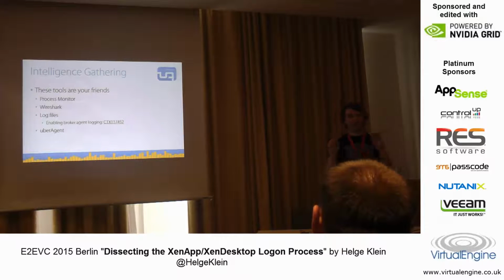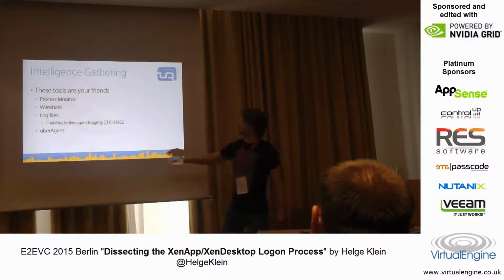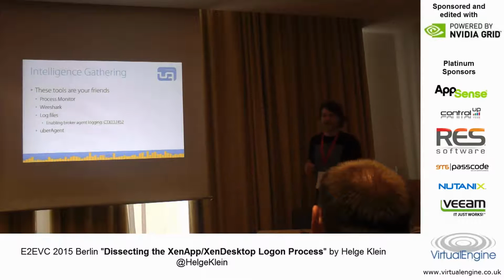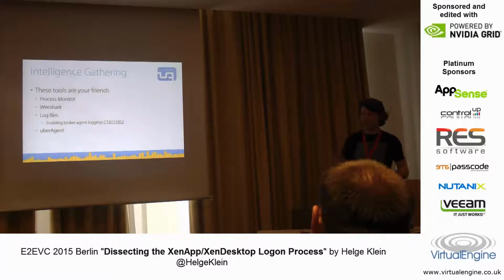Then I looked at the Citrix broker log file, which can be enabled by following the instructions in this CTX article. The log is quite interesting, by the way, once you figure out how to read it. And then of course UberAgent, which shows all kinds of interesting data too.